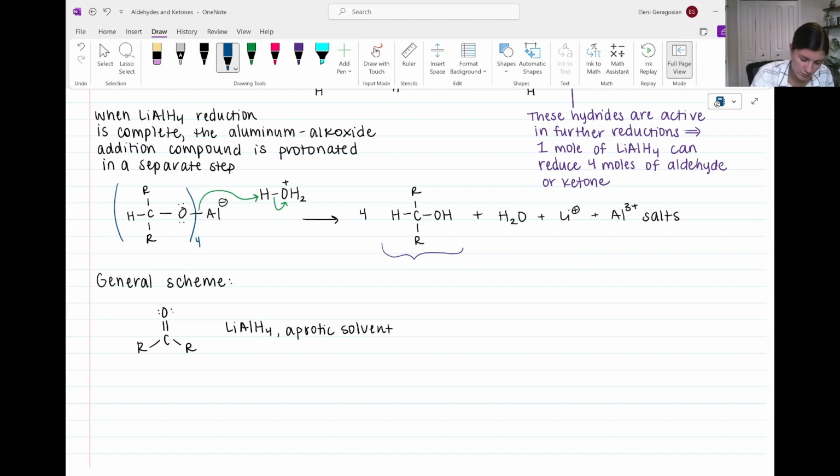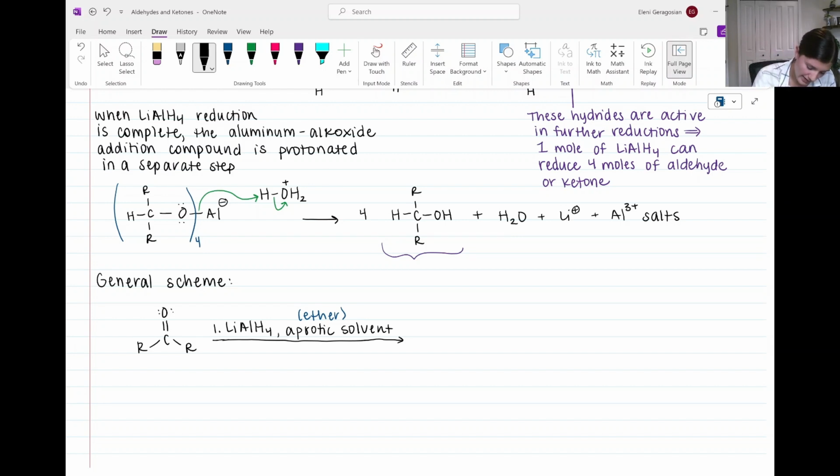Now we said this is usually an ether. In a second step, we add water with some acid. So the lithium aluminum hydride, remember we said that reacts violently with water. So we can't have lithium aluminum hydride in the presence of water.